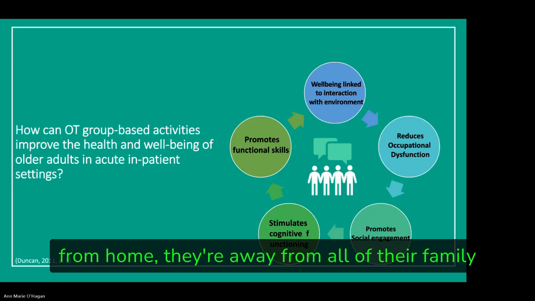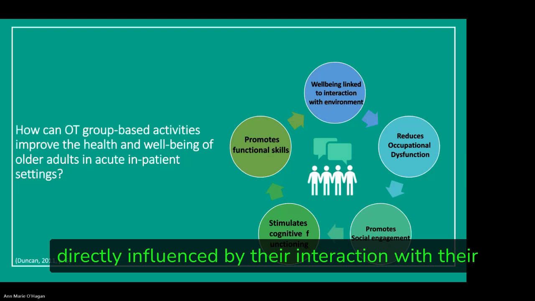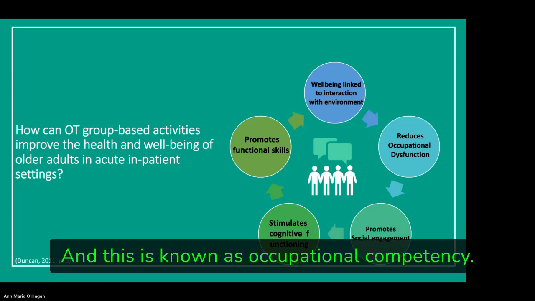They're away from home, away from all of their family and friends and their usual activities. Duncan also states that a person's ability to carry out daily tasks is directly influenced by their interaction with their surroundings and the activities that they undertake. This is known as occupational competency.